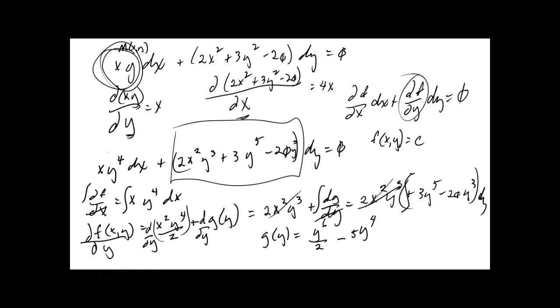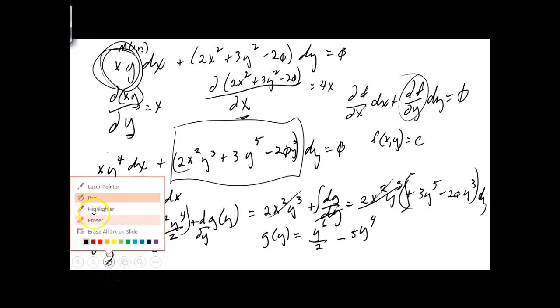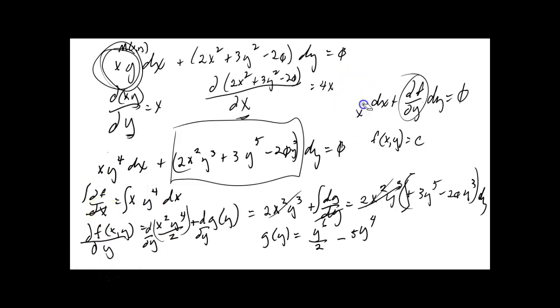So we go back to our form here, and I'm rapidly running out of room again. Let me get rid of a little bit here. I just wrote this up here so we could know what we were talking about. So let's write our answer here. Remember, we said f of xy is equal to, before I wrote this in and this in, x squared y to the fourth over 2, this right here, plus g of y.